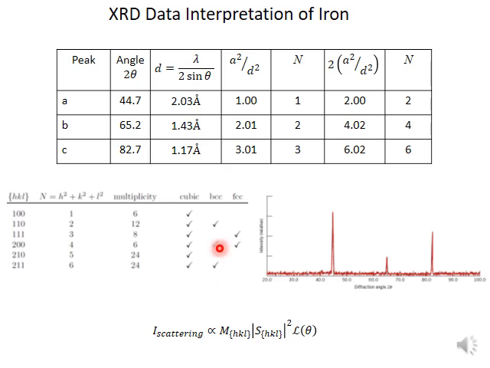So it means that the middle peak should be smaller in intensity as compared to the third peak, and indeed that is true. So what we can infer from here is that this crystal is indeed a BCC crystal, and you can find the corresponding Miller indices for each of these peaks, and also the lattice constant thereon.